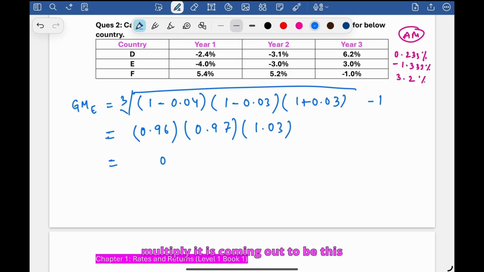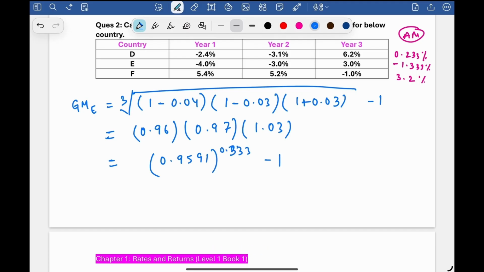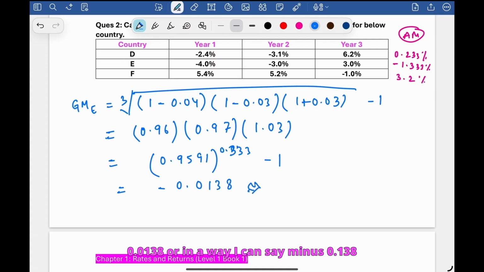Multiplying it, then to the power 0.333, minus 1. This is coming out to be minus 0.0138, or in a way I can say minus 0.138.